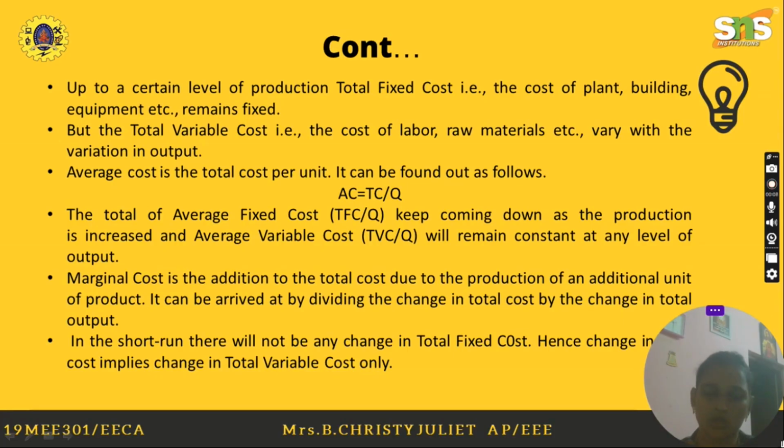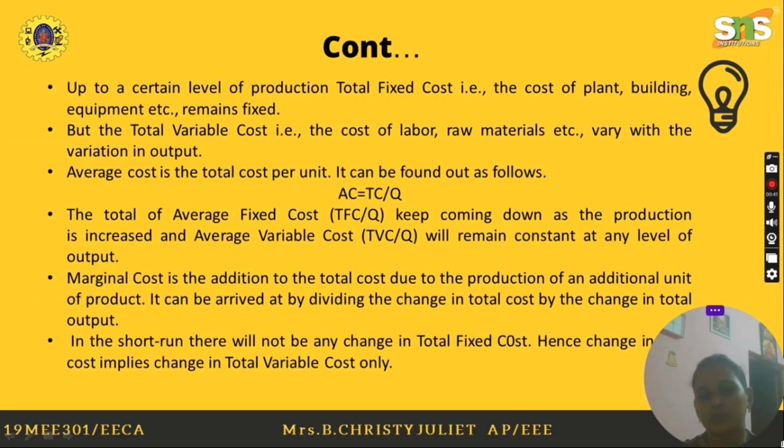So this variable cost changes, and hence the total cost will also change, because to produce 100 chocolates, the raw materials will be different, and the cost for purchasing those raw materials will be different. If I'm increasing the production level to 1000 per day, then the raw material needed per day will increase. Also the cost for purchasing those raw materials will increase.